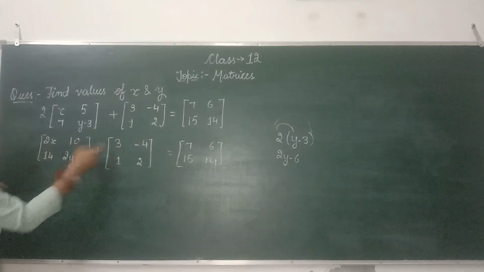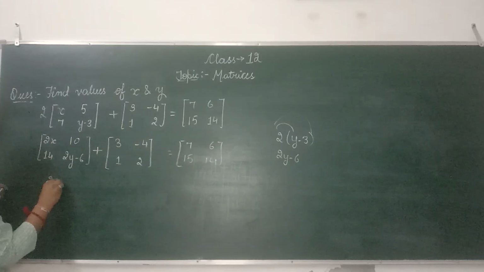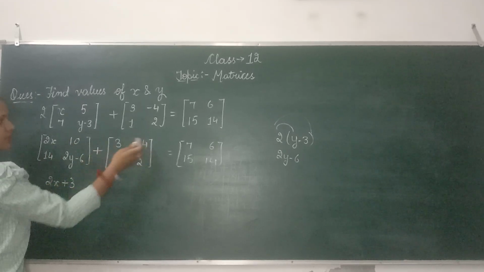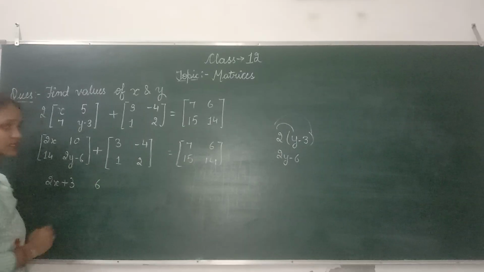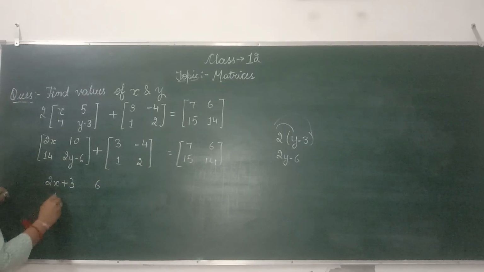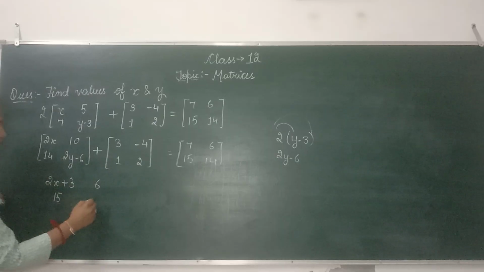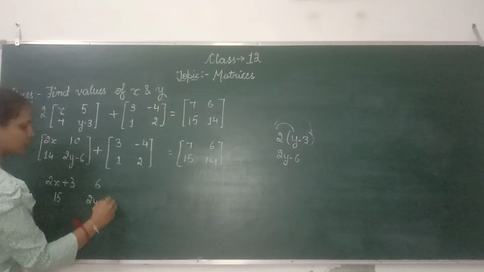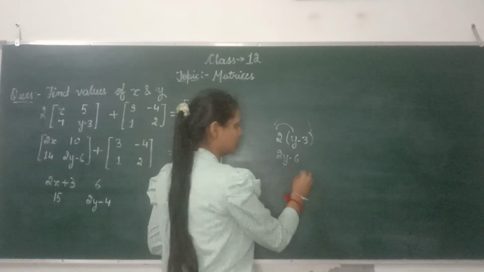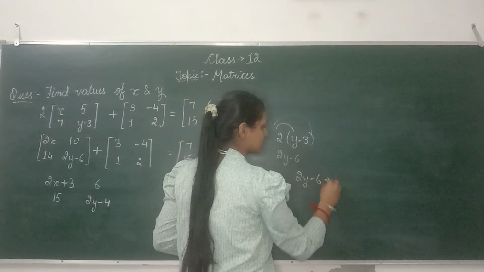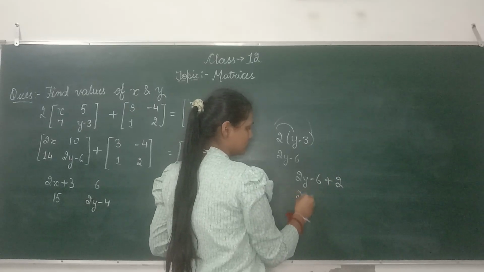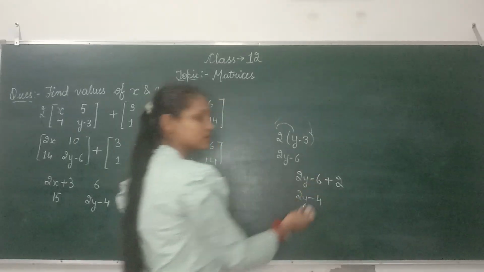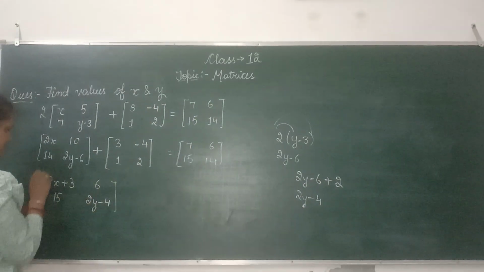First of all, we have to add 2x plus 3, 10 minus 10 plus minus that is 6, 14 plus 1, 15, 2y minus 6 plus 2, 2y as it is, plus minus 4, so 6 minus 4.